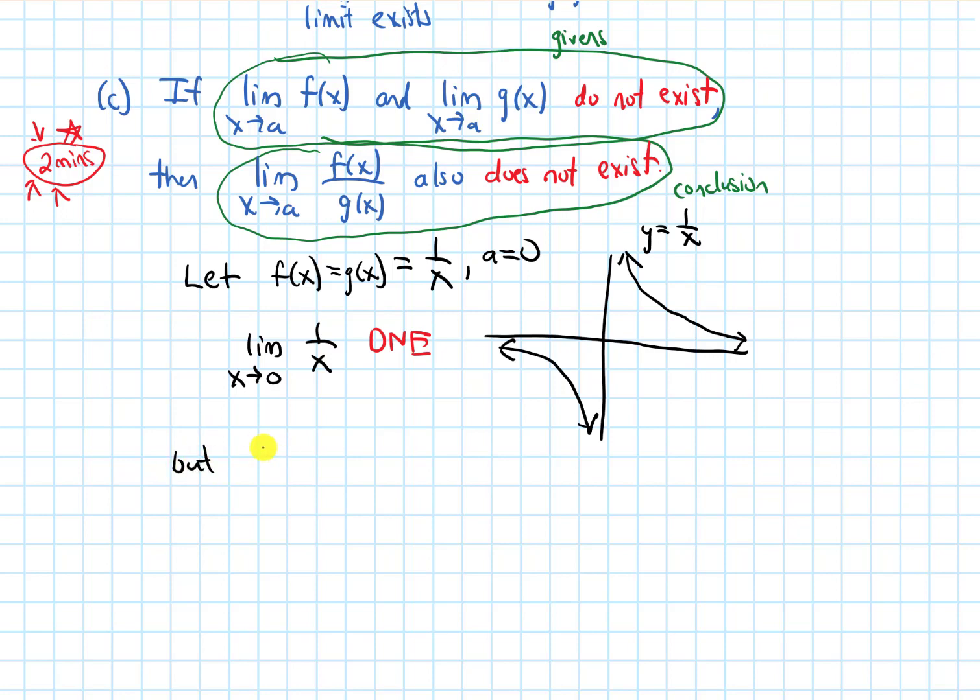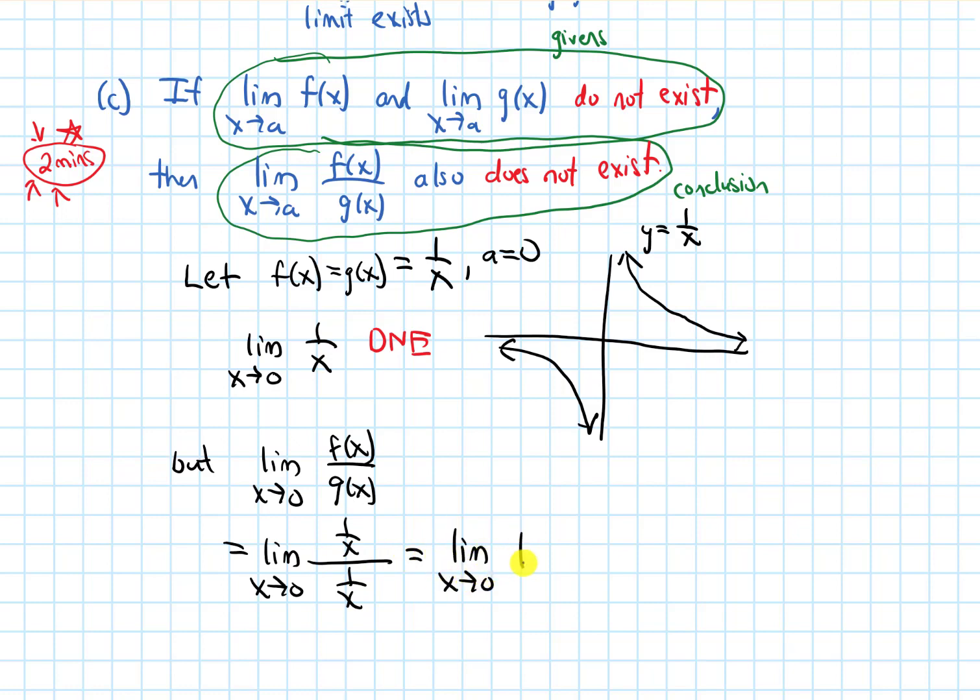But when I take the limit as x approaches 0, and now let's divide them, of f of x over g of x, we will get the limit as x approaches 0 of f of x is 1 over x, g of x is 1 over x. This simplifies super nicely. The limit as x approaches 0 of 1, and now that is just 1. And because this is a finite number, that means that this exists. So we've come up with a situation where the limit of f of x divided by g of x exists. Okay, and that shows that this is false.